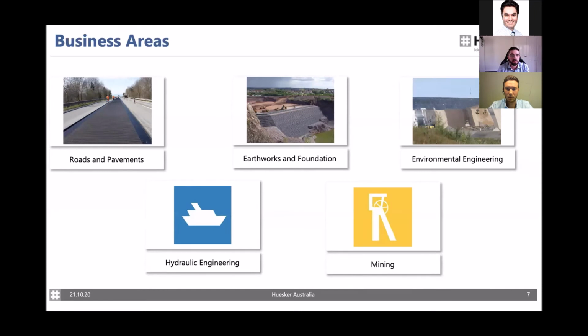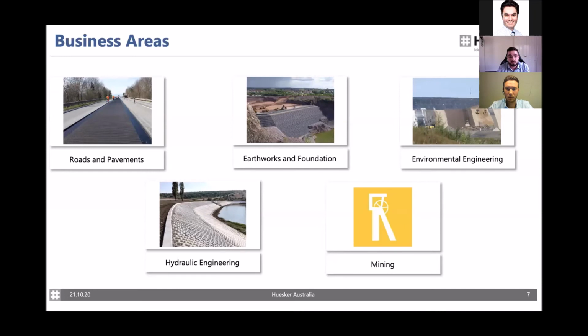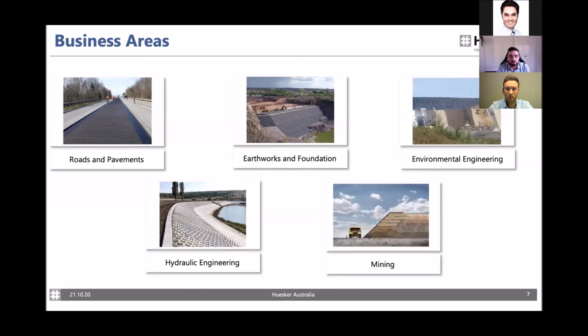There are several other applications that we could support the projects. For hydraulic engineering, we work mostly with erosion control and canal revetments to reduce water seepage. And we have obviously the mining area, where we provide several geosynthetics for diverse applications, including the longwall recoveries.